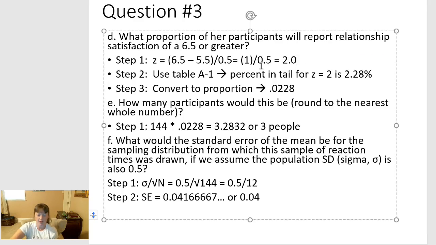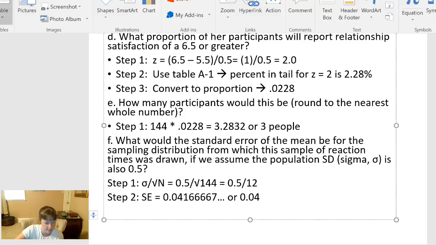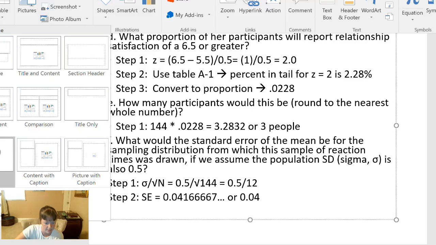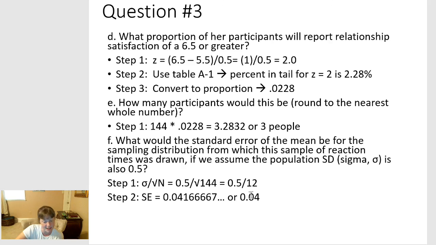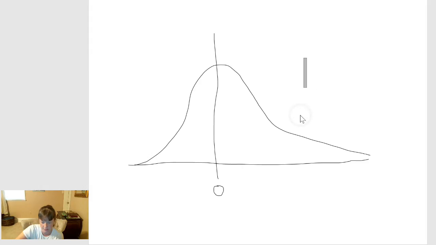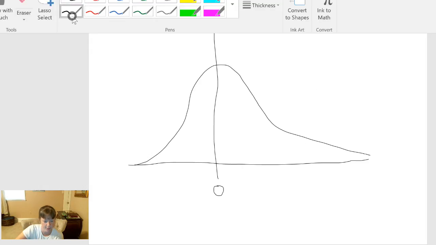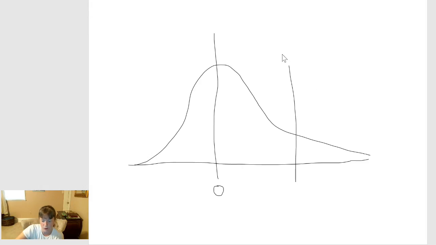So let's draw that on the graph. Here's the average of 0. And I calculated a z-score of 2, which would be here, right?